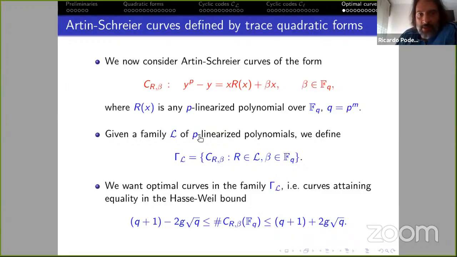So given a family of p-linearized polynomials, we consider the family of all these curves. We move all the possible polynomials and all the possible betas here. In this family, we look for optimal curves, that is, curves attaining equality here or here in the Hasse-Weil bound. Okay, minimal curves and maximal curves.